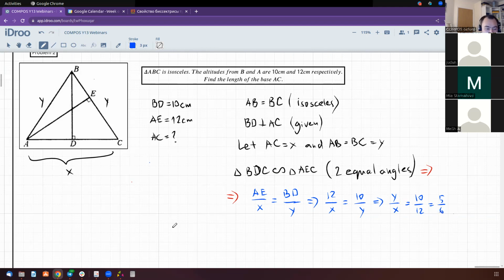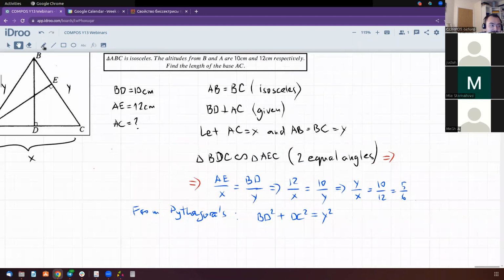Now, from Pythagoras, from BDC, we have BD squared plus DC squared equals y squared. Now BD we know, BD is 10. So 10 squared plus DC, which is x over 2 squared, equal to y squared.